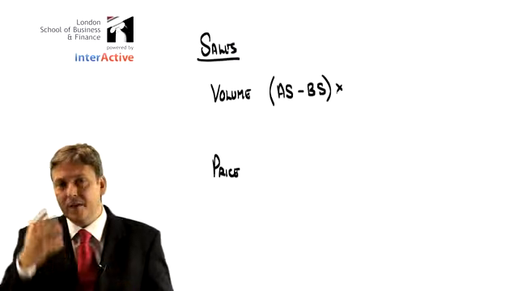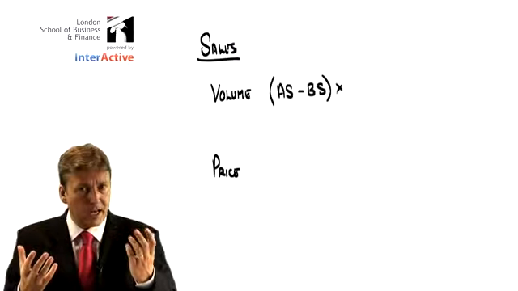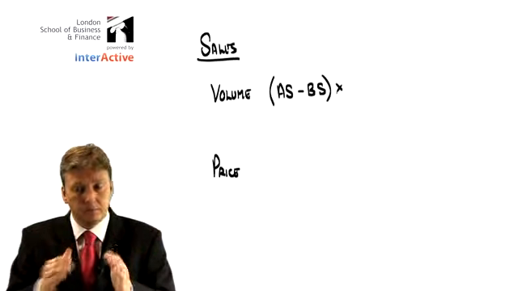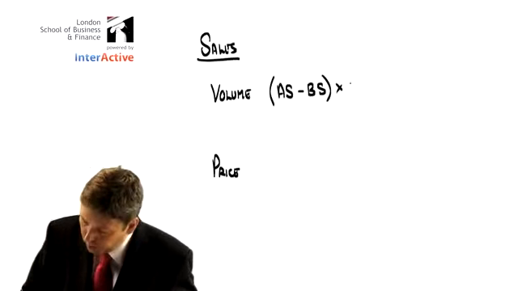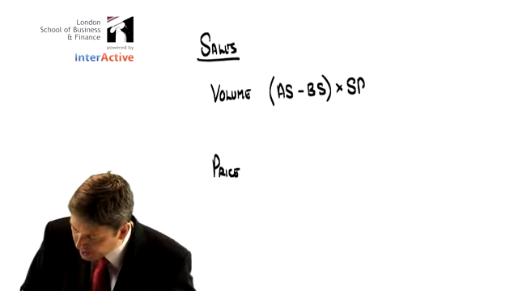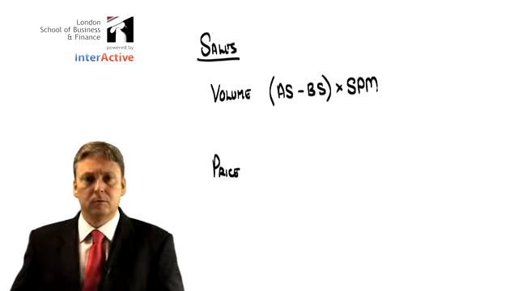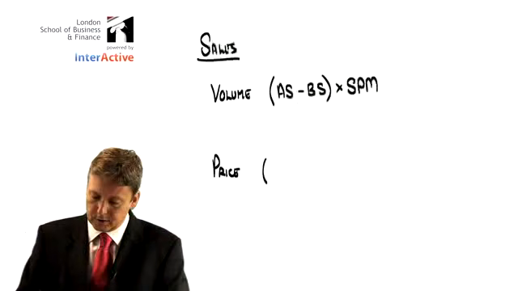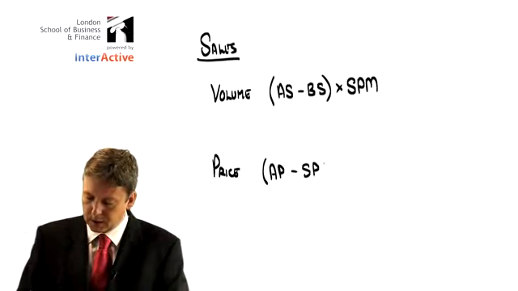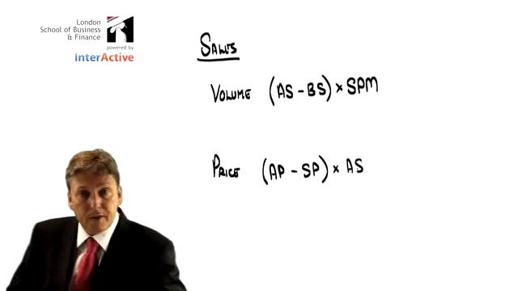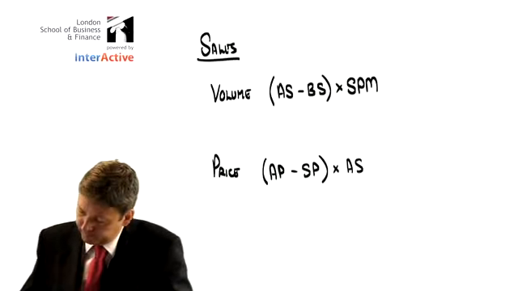So if we were to compare the full cost to the selling price, the difference between the two would be a profit margin. Therefore, we multiply by the standard profit margin. To calculate the price variance, we take the actual price minus the standard price, and we multiply by the actual sales. So shall we throw together a few numbers just for fun?